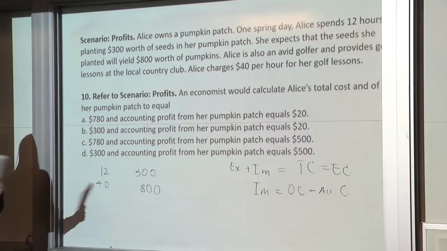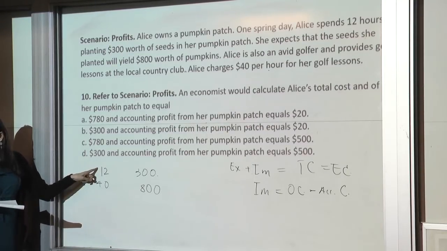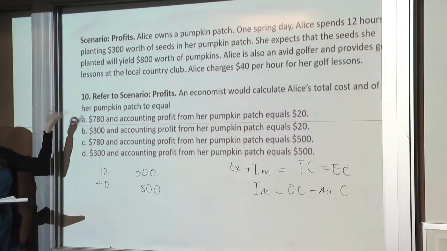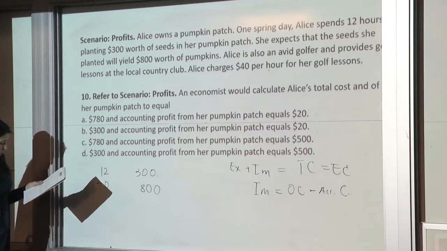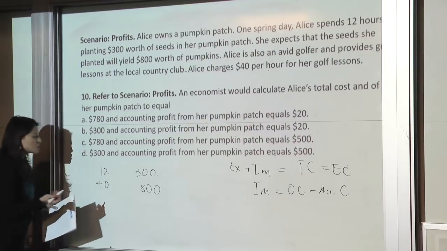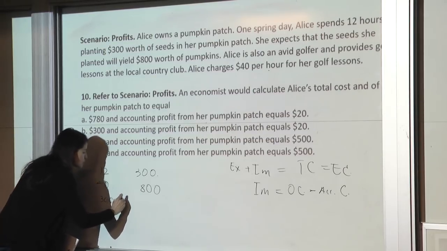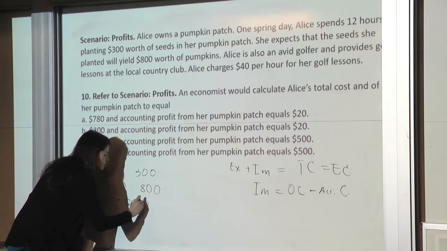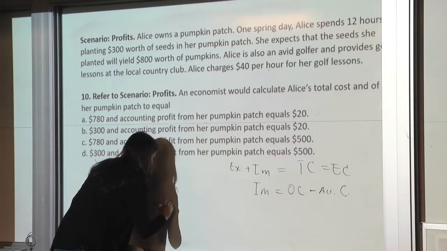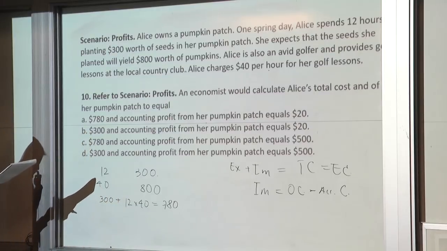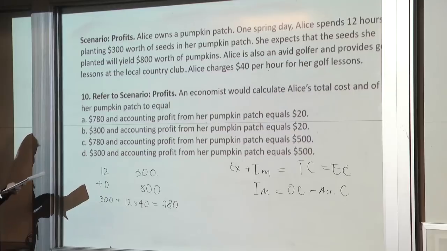But you have to give up to get something. So she's giving up $40 times 12 to be able to plant those pumpkins, okay? So her total cost will be 300 plus 12 times 40, which is equal to 780, right? And that is the total cost.